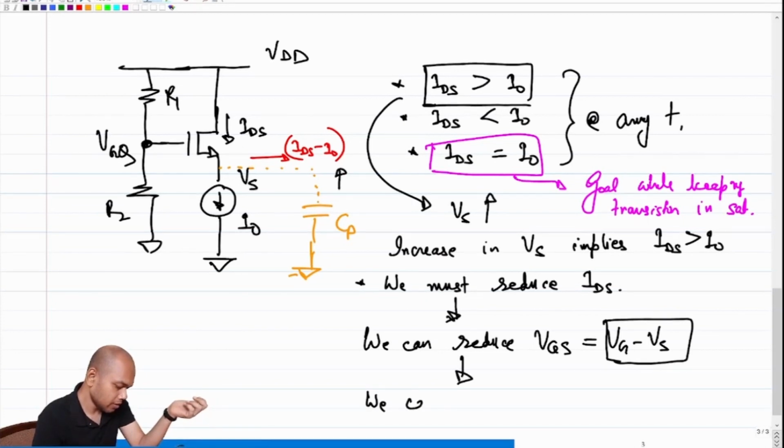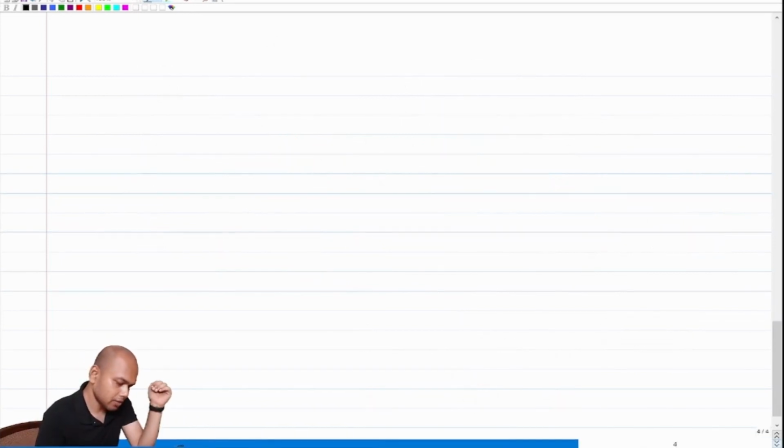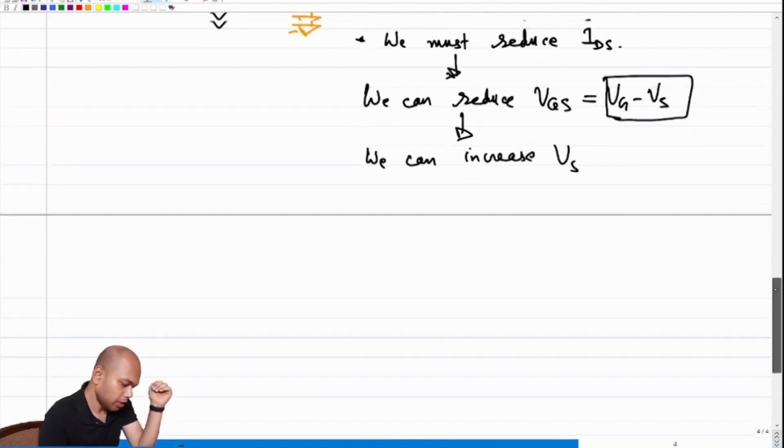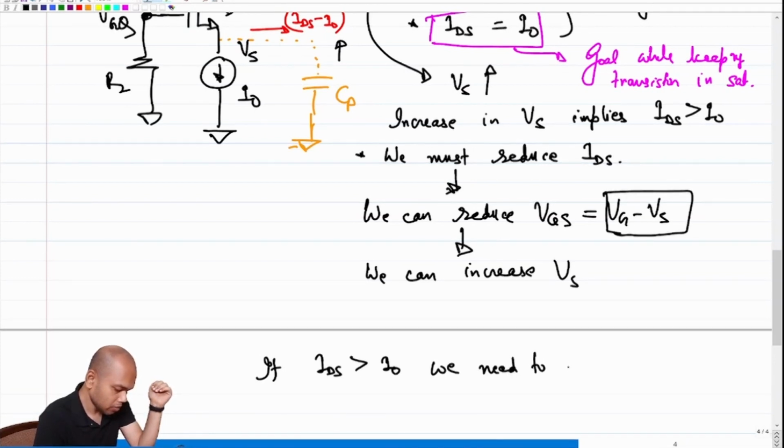We can increase Vs. So in plain English, if IDS is greater than I naught, we need to increase Vs.